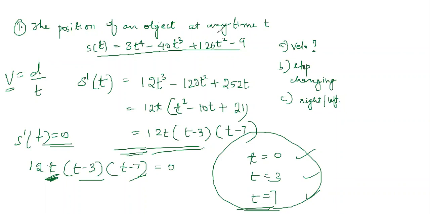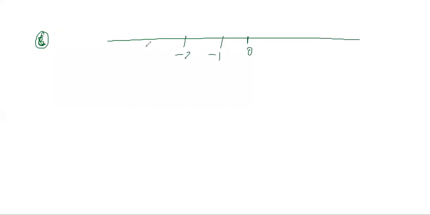Now let's go to the third. What was the third question? Part C: when is the object moving to the right and left? In this case, any idea? Has anybody solved it? This is how you have to solve. Let us take this as 0, minus 1, minus 2, minus 3.